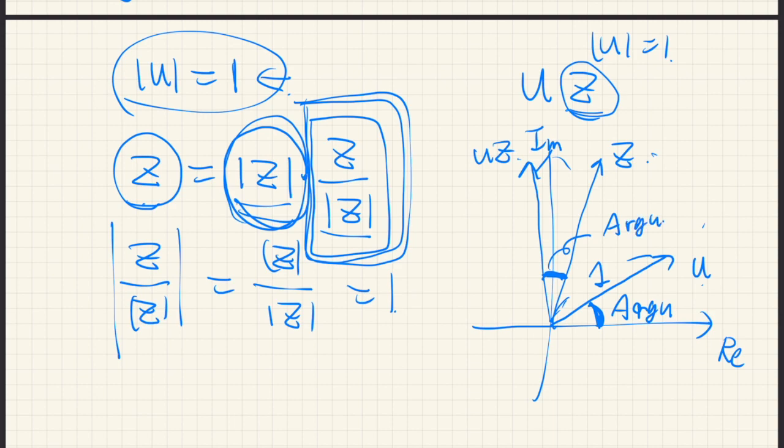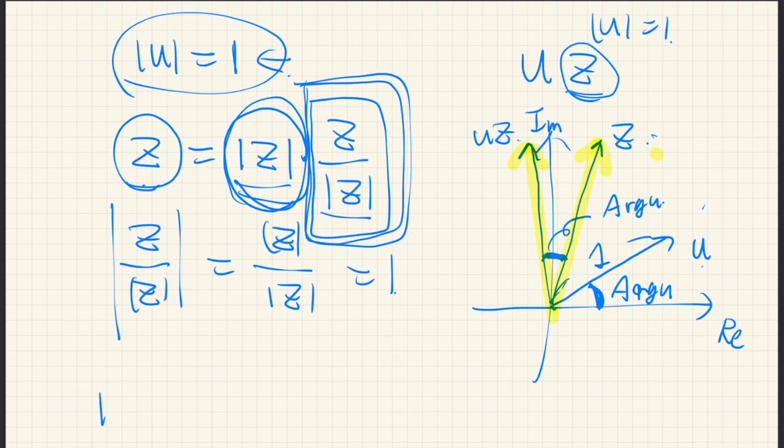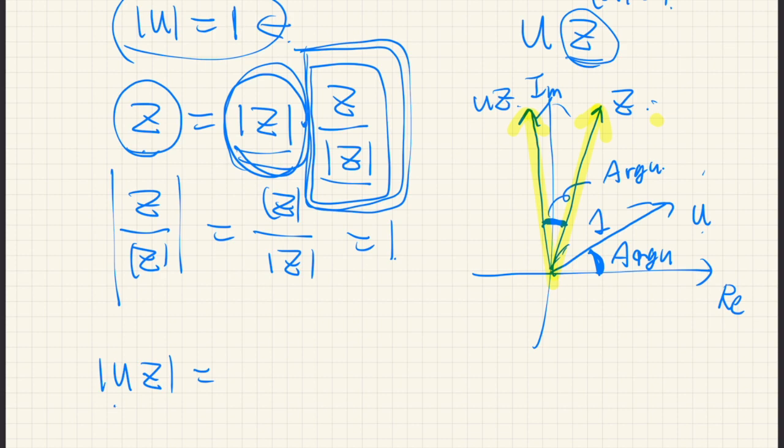And the length of this new complex number is the same as the length of z, because it's easy to see: the absolute value of a product is the product of absolute values, and we have seen this before. And this one is u, and the absolute value of u is 1. So the length doesn't change. But the angle changes, and this angle is the same as the argument of u, the principal argument of u.